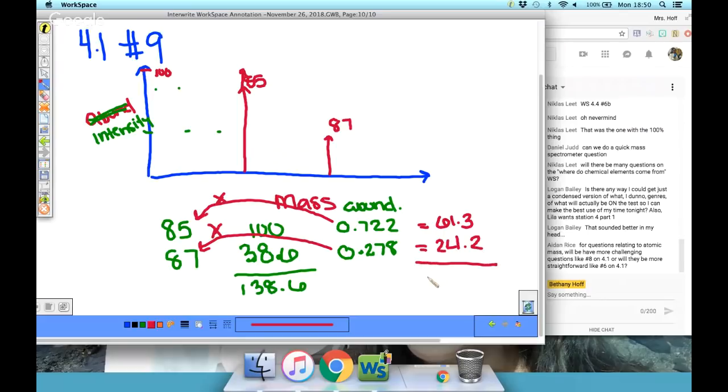And when we add these together, that's going to be 85.6 AMUs. And if you look on your periodic table, that is closest to rubidium. So now we could say that according to this mass spectrometer graph, our substance that was put in was rubidium.